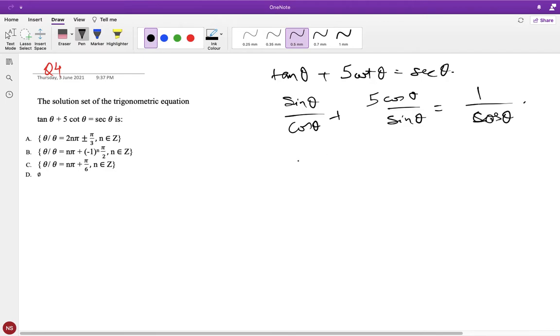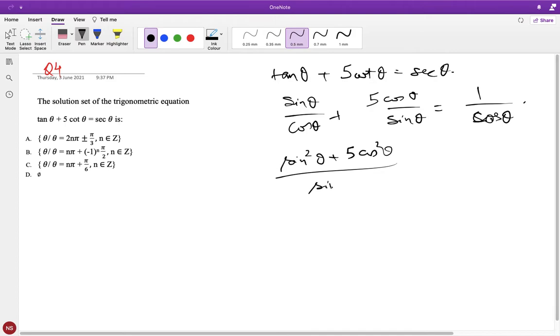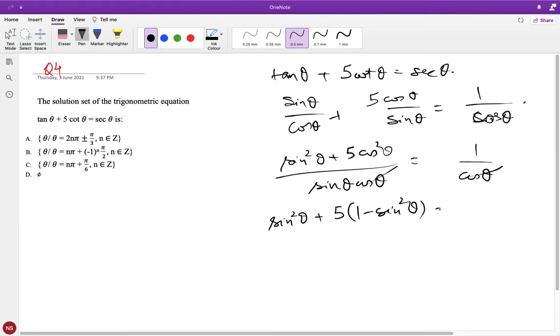So this will be sine square theta plus 5 cos square theta by sine theta cos theta, equal to 1 by cos theta. So sine square theta plus 5 cos square theta by sine theta equals 1, which can be written with 1 minus sine square theta, equal to sine theta. I have converted cos square to sine and not sine to cos because the power 1 term is sine theta.